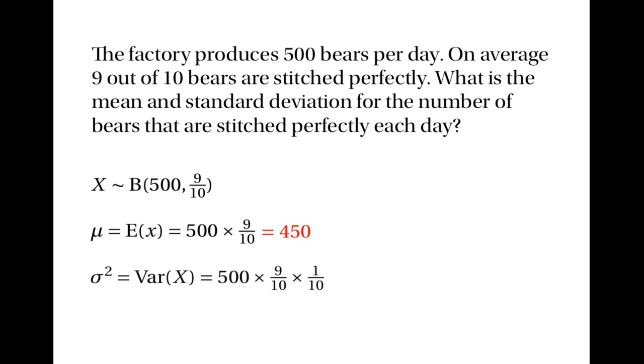The variance can be calculated by multiplying 500 and 9/10 and 1/10, which is 45. We just need to remember that the standard deviation is the square root of the variance, so the standard deviation will be the square root of 45, which is approximately 6.71.